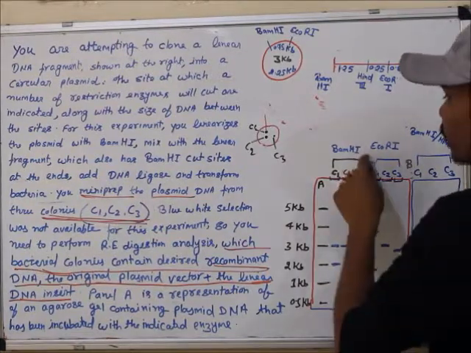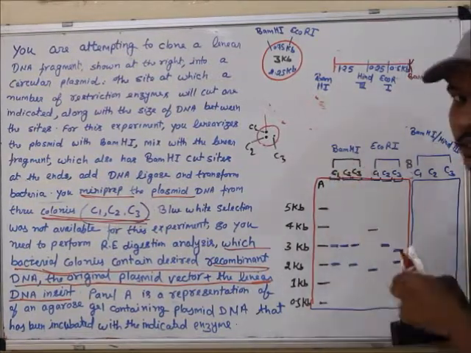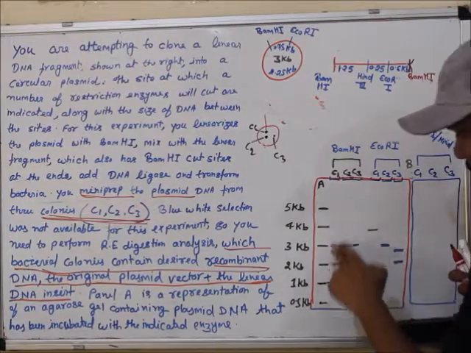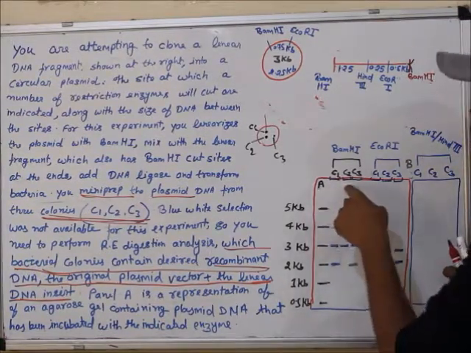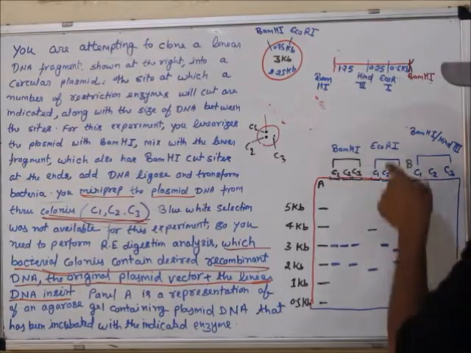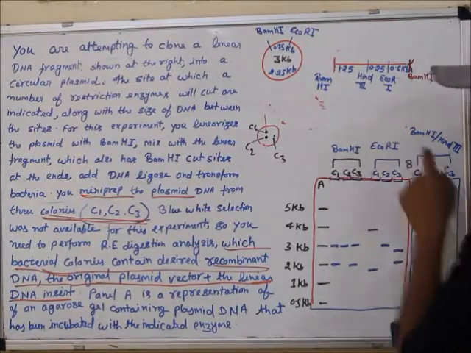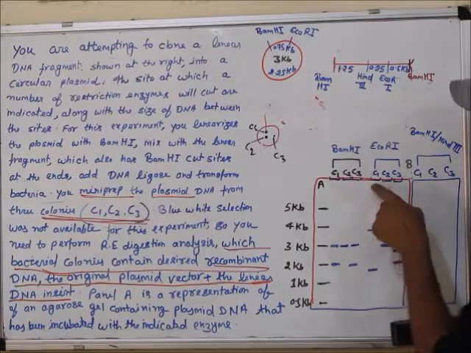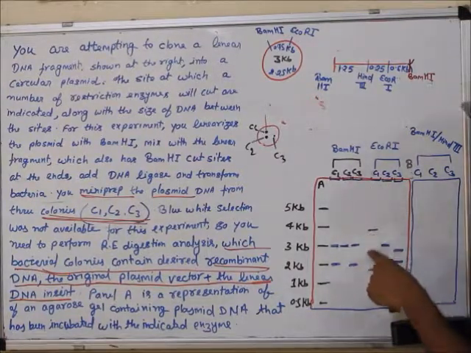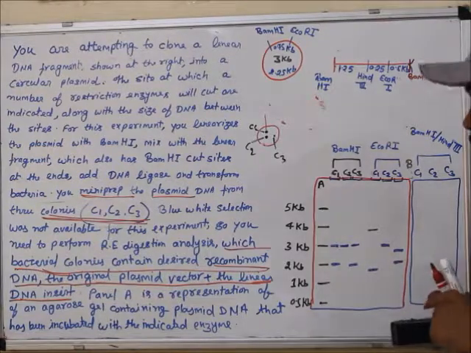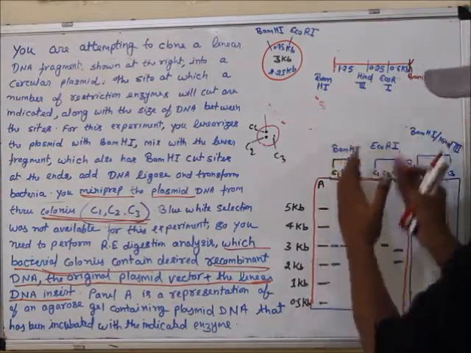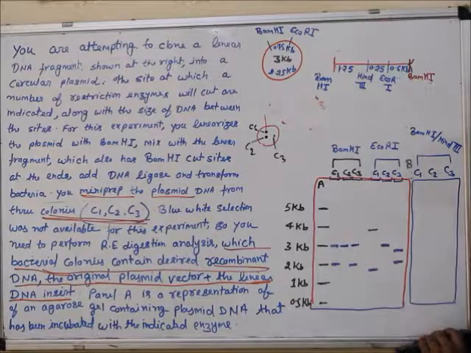When the digestion was performed by BamHI first, after gel analysis, these fragments were obtained with C1, C2, C3. And after EcoRI first digestion, the 3 different colonies contain these different 3 fragments.